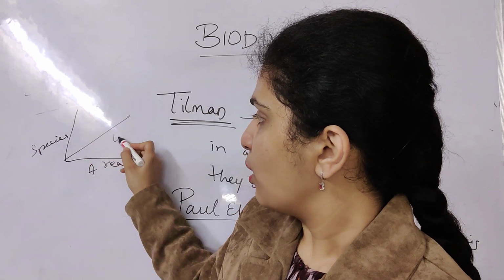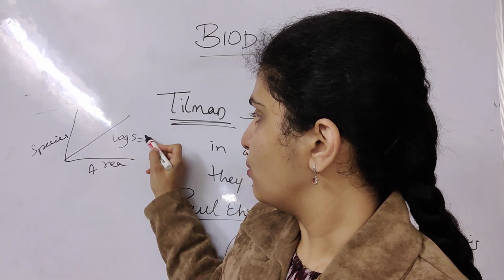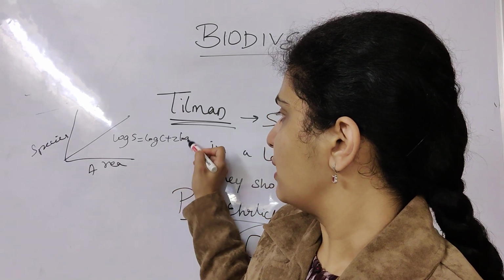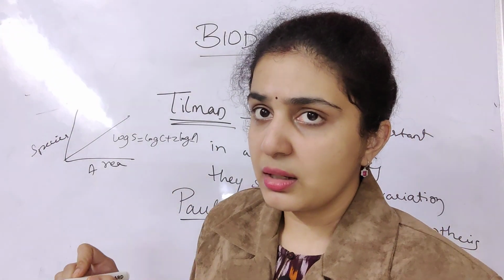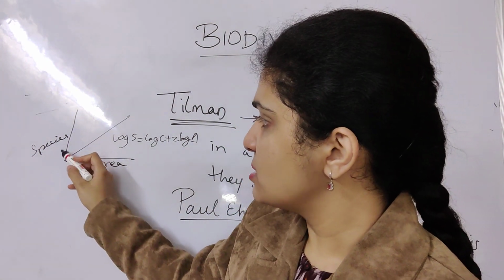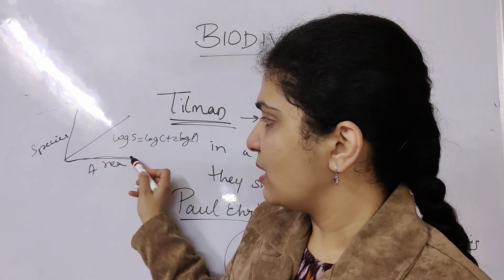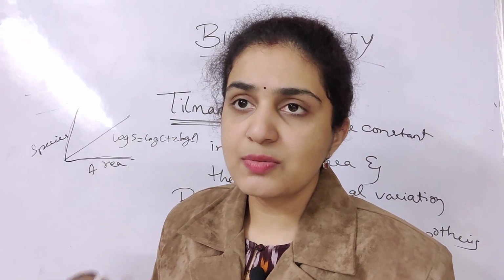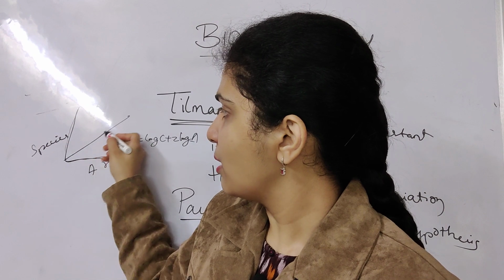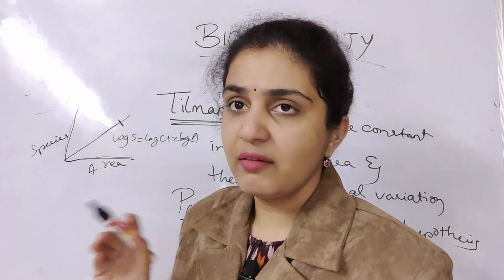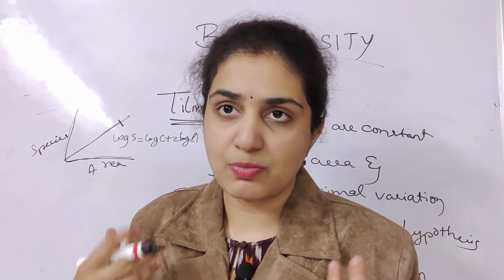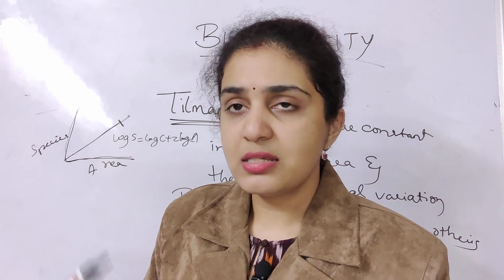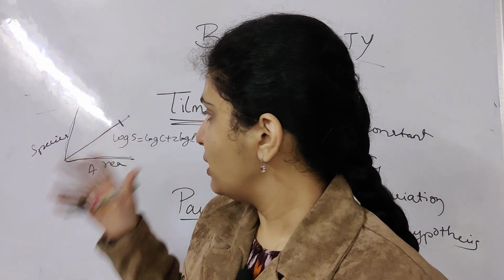So, log S equals log C plus Z log A. The important point you should remember is, as area increases, species also will increase in number, but only up to a limit. After that, they cannot increase, right?